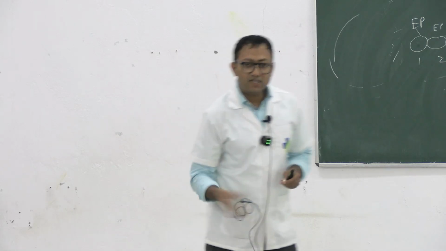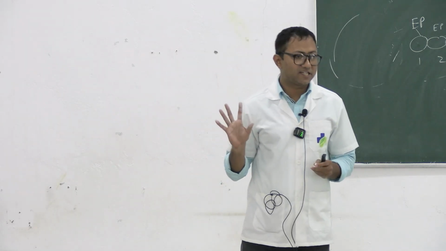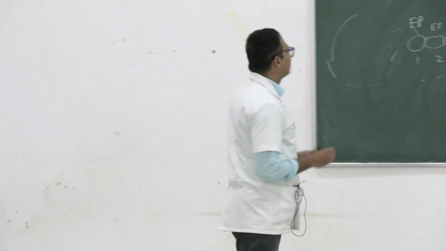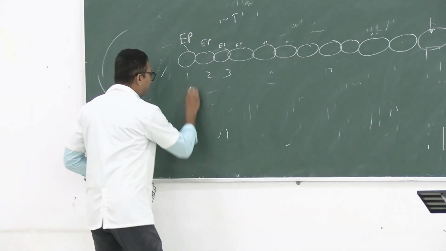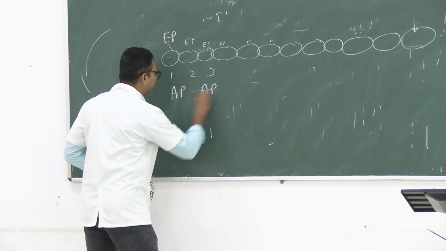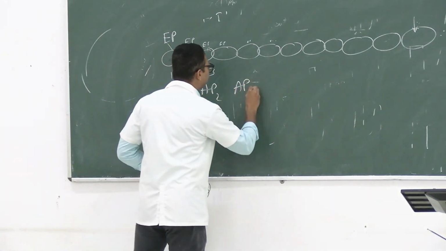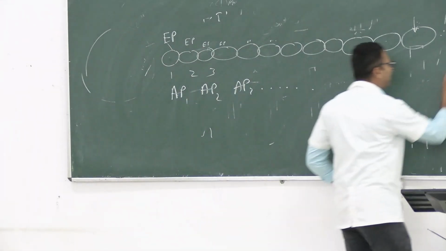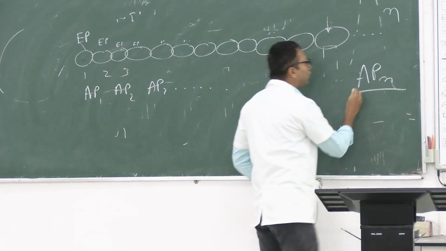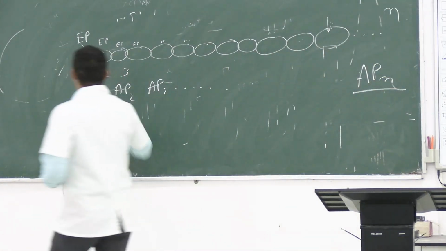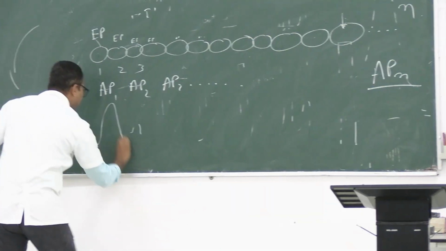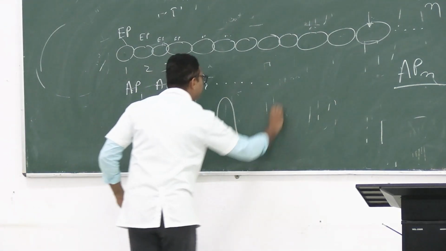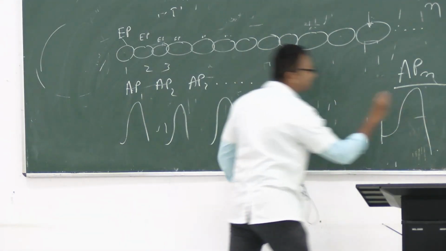In contrast to that, what is happening in action potential? It is not decremental. Action potential 1, action potential 2, action potential 3, and so on. Even here, action potential n with same height. ठीक है, action potential यहाँ पर भी इतना, n पे भी इतना.